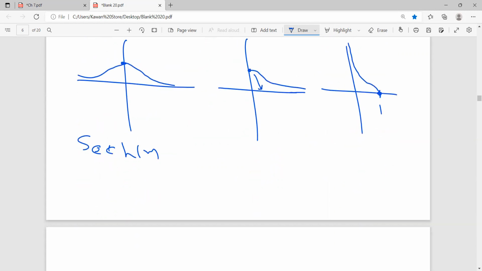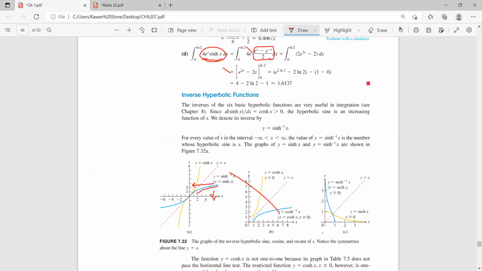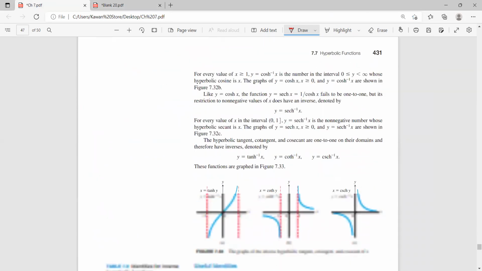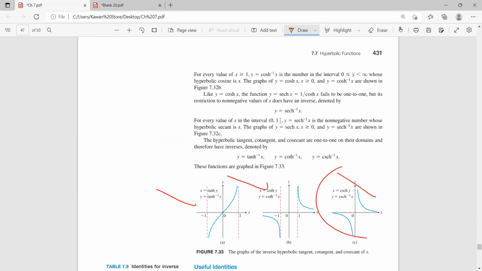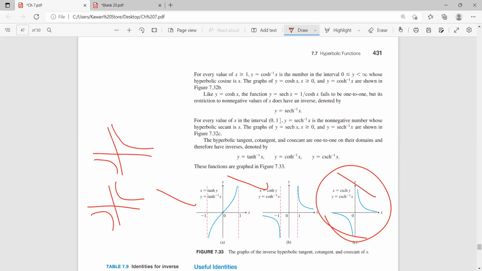These are important, and I'm going to leave the rest for you because they are the same: tanh, coth, csch. Cosecant hyperbolic is like that, and the inverse is also the same, with a little bit of change in the shape. Understood?